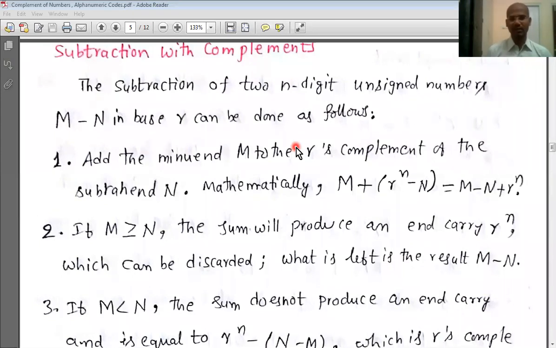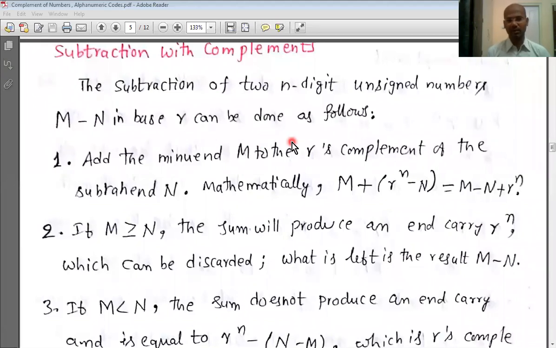We have just an adder with little modifications or little additions to the adder circuit. We can turn the adder circuit into a subtractor by using the method called complements. These are the useful complements: tens complement and nines complement in the decimal system. In the same way, twos complement and ones complement in the binary system, 16's complement and 15's complement in the hexadecimal system, and in the octal system, 8's complement and 7's complement.